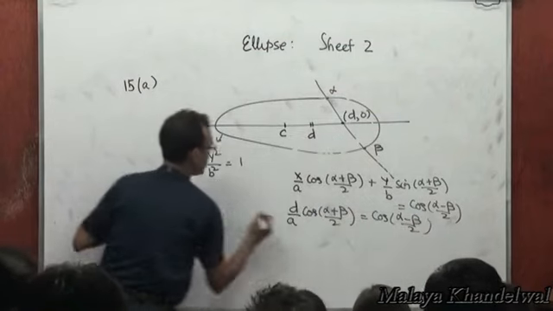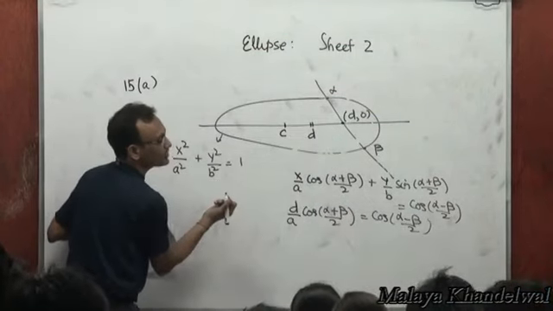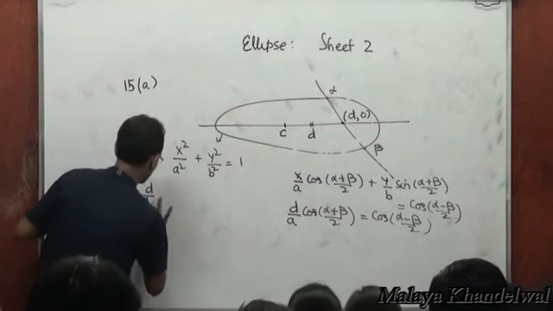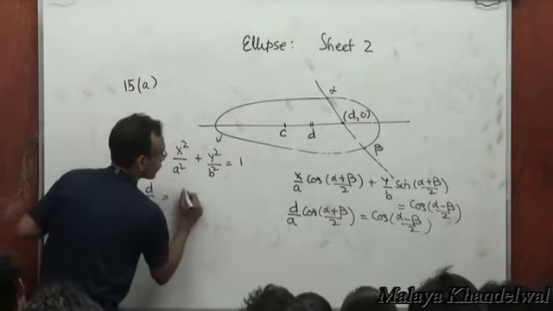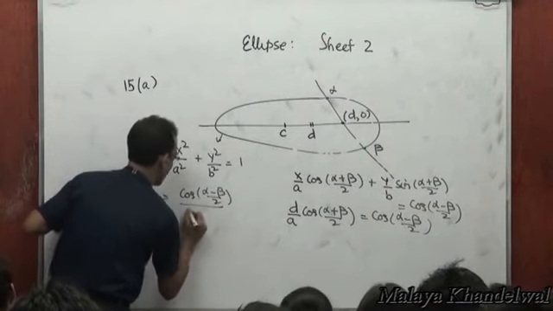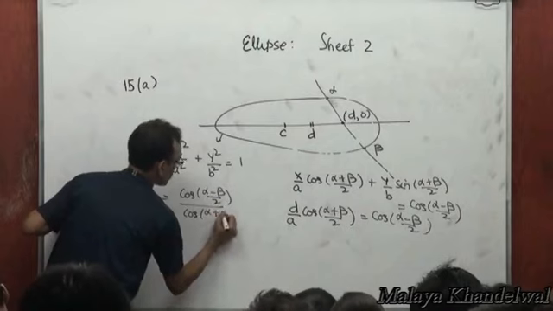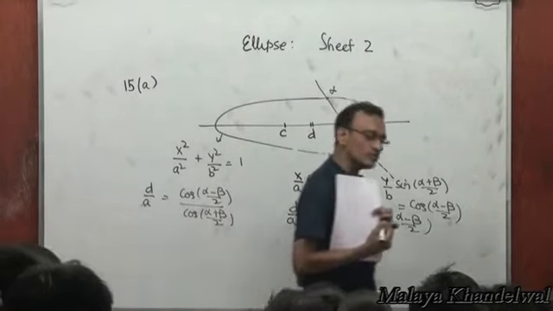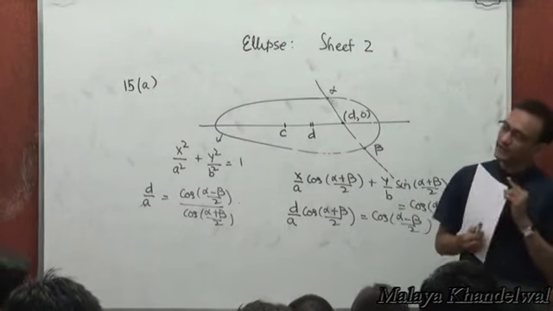All that you need to do now is componendo dividendo. d by a equals cos of (alpha minus beta) by 2 by cos of (alpha plus beta) by 2. Apply componendo dividendo, (d plus a) by (d minus a), etc., and you will get the required result, right?